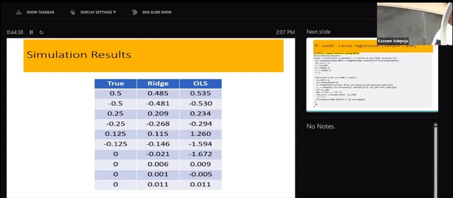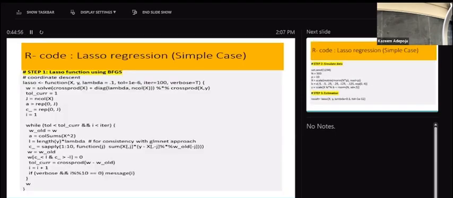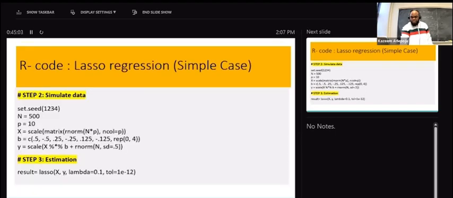In fact, I know the OLS will fail. Look at the OLS. The OLS is returning a value that may even be significantly different from 0. But look at the ridge. Even though when you look at the p-value for ridge, of course, those may not be significant.